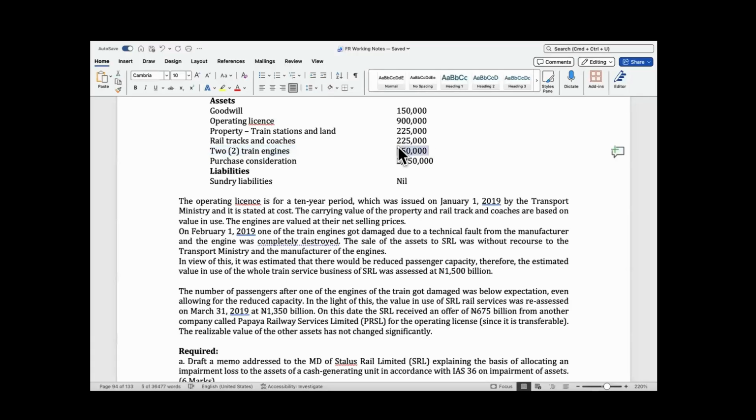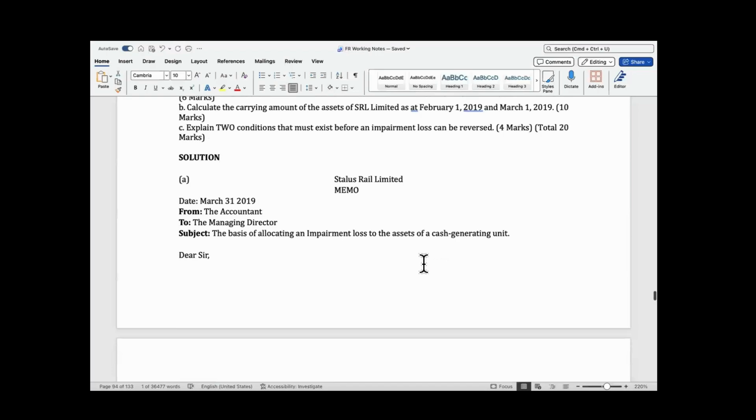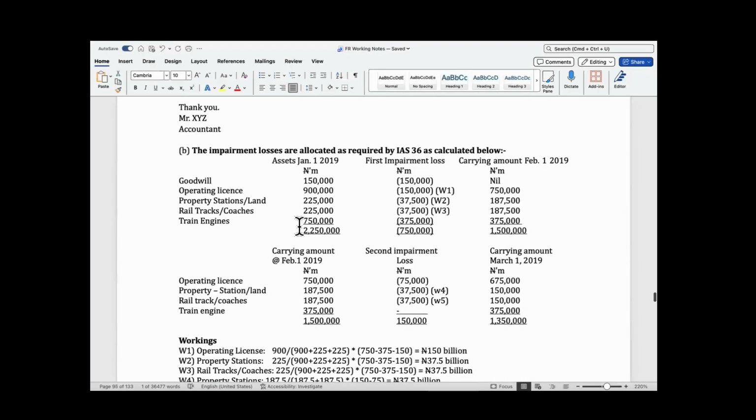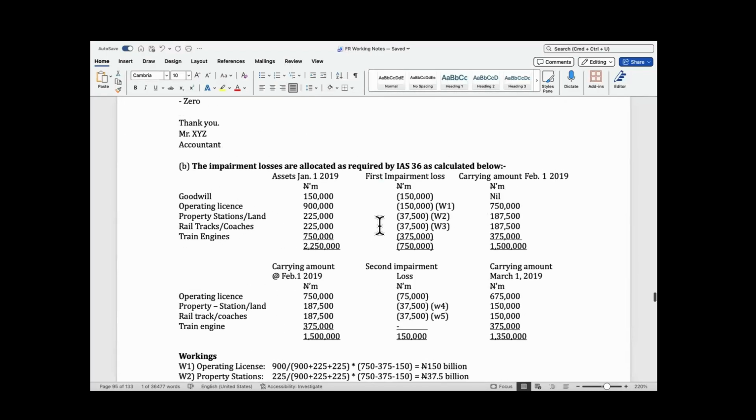So one of the twin engines is damaged. You need to impair that fully. That is why my first line of impairment loss is this twin engine, and that is why I allocated 375 to it. So one twin engine remains.